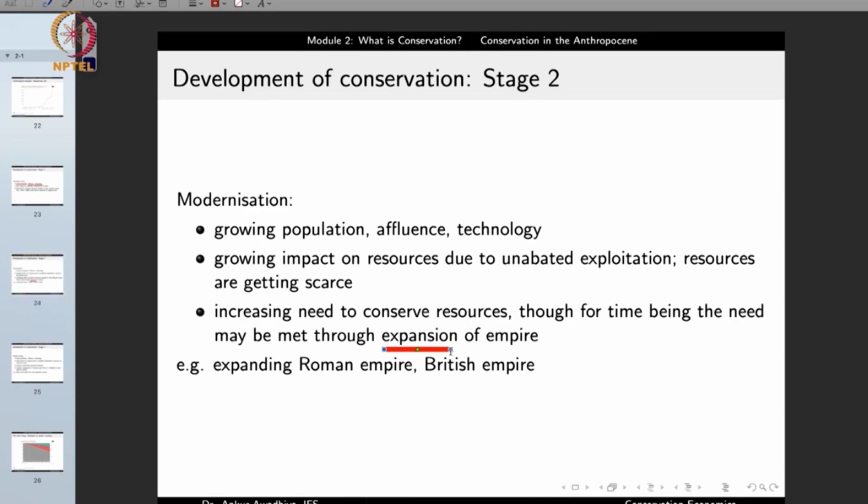So we start seeing the expansion of empires such as the Roman Empire or the British Empire, and in a number of these situations, what these empires did was to make other areas their colonies, which meant that the people in these empires had now access to resources in other areas as well. So there was little need to conserve the resources, and there was a possibility to get these resources from other areas, and this was done through an expansion of the empires and through the development of colonies.